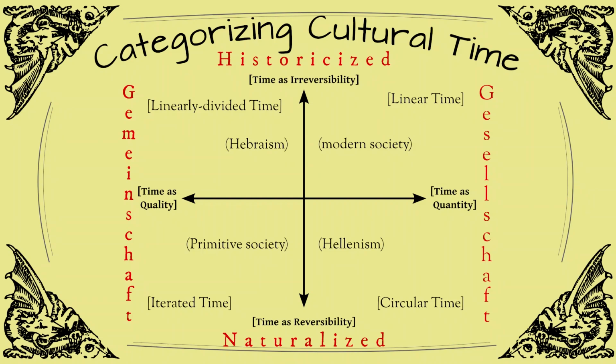And so what we might look at is what Professor Mita called the primitive societies. We might today be more inclined to call them traditional societies, where we have a form of iterated time, and that's where we're still talking about cyclical time. But just for clarity, we'll distinguish between circular time when we talk about the Hellenistic world, and then just cyclical or iterated time when we're talking about these more traditional societies, where we might see things as broken down by day and night.